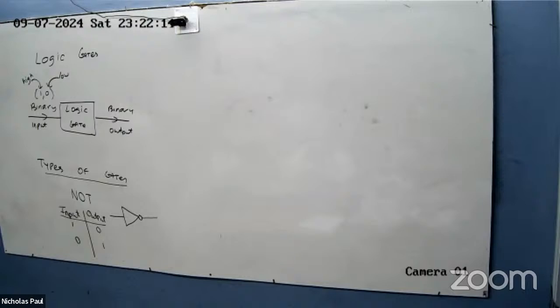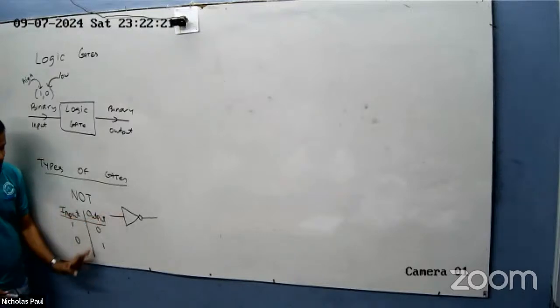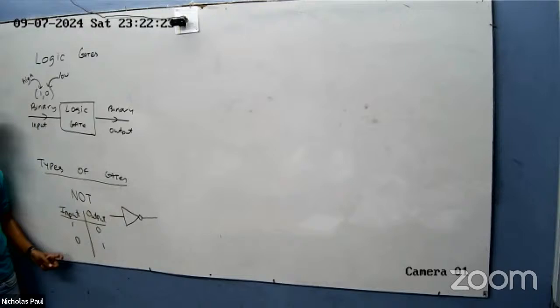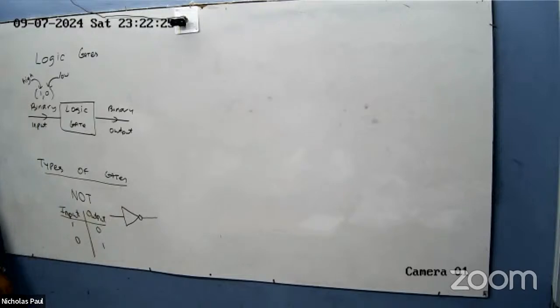Right? That's the first gate there. That's gate number 1, a NOT gate. So once you see this symbol, you have to go in your brain and remember this truth table. This is called a truth table, right? I'm gonna make a note of it in case they ask you to draw a truth table.